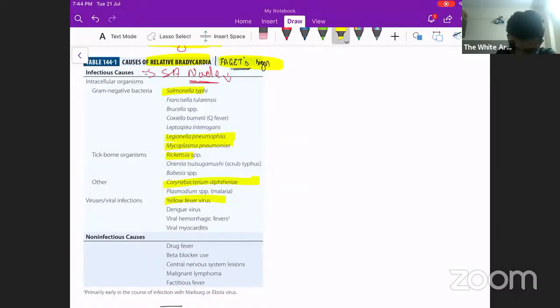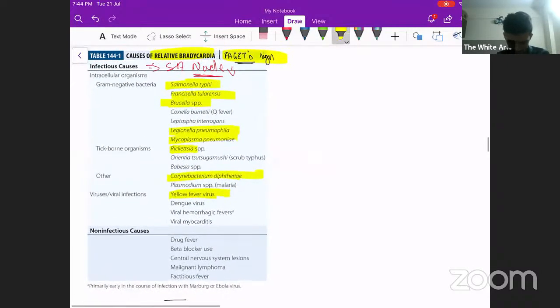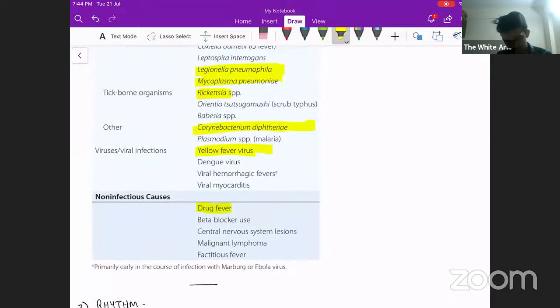So remember this much: typhoid, tularemia, brucella also, Legionella, Mycoplasma, Rickettsia, diphtheria and yellow fever. This will be enough, as these are the ones asked in entrance exams. Next are non-infectious causes: drug fever or factitious fever, malignant lymphoma, beta blocker use, CNS lesions. All those things will be non-infectious causes.